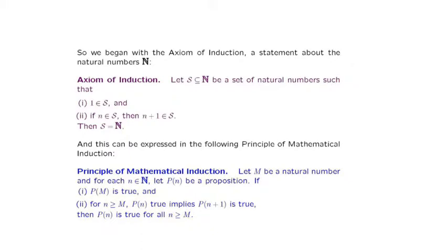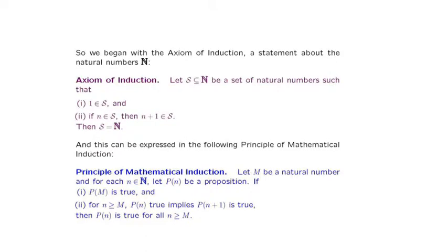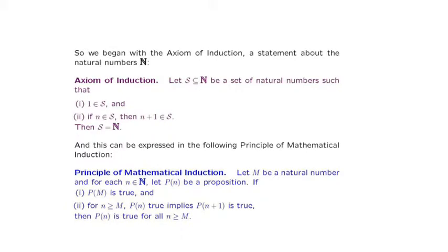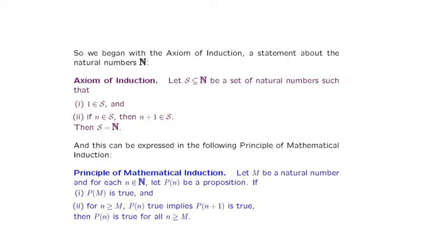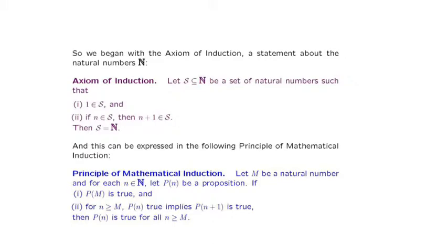If P(m) is true, and for n greater than or equal to m, Pn true implies P(n+1) is true, then P(n) is true for all n greater than or equal to m. So this is the principle of mathematical induction, and it is the form in which we shall use mathematical induction in all of our examples in the future.